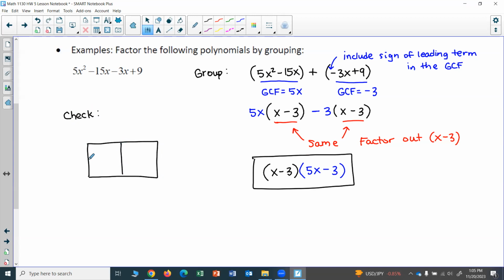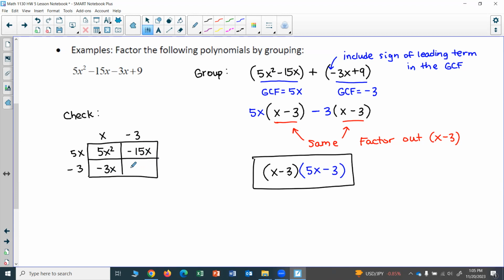And I'm going to go ahead and use the box method here. So I'll put x minus 3 on the top of my box and 5x minus 3 along the left side of my box. So in the upper left rectangle, I get 5x times x. That gives me 5x squared. In the upper right box, I get 5x times minus 3, so negative 15x. In the lower left box, I get negative 3 times x, so minus 3x.